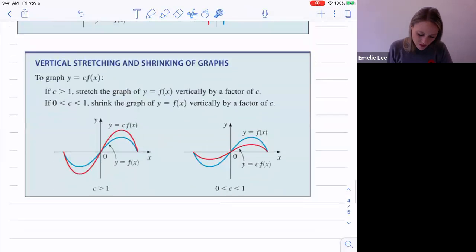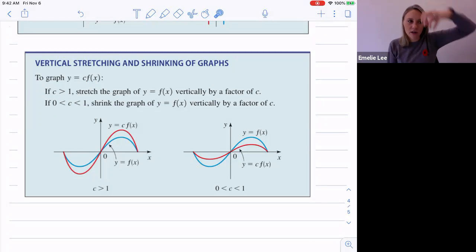Okay, so let's talk about vertical stretching and shrinking. So let's say you have c times f of x. Notice that the c is manipulating the function f of x, which is c is manipulating the y, right? And so again, if c is larger than 1, then we expect it to stretch out, right? Because we're stretching our y.